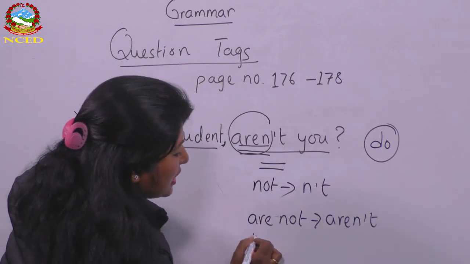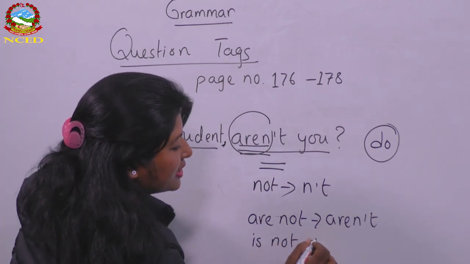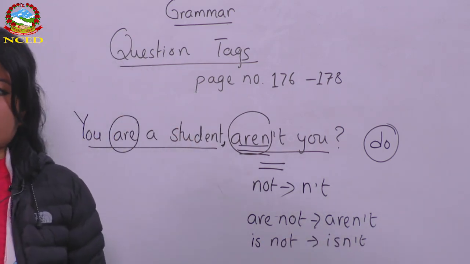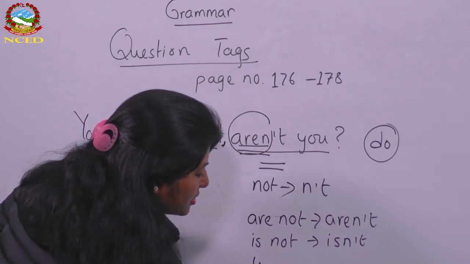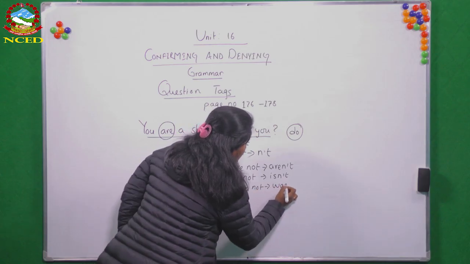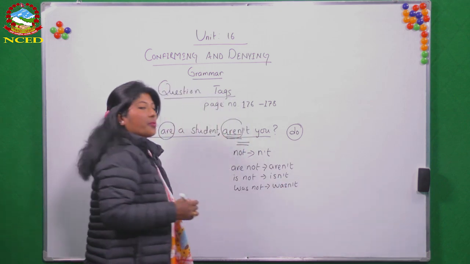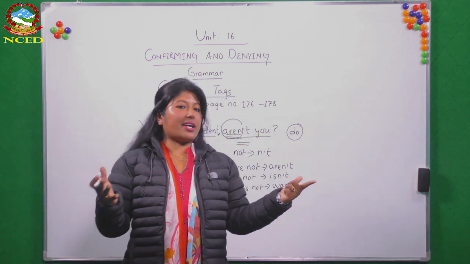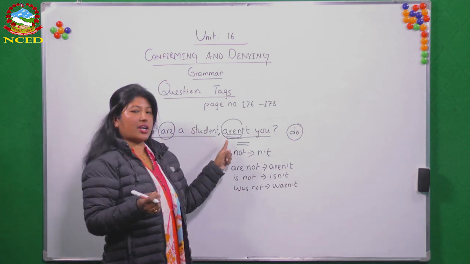Similarly, is not is what? Isn't. Right? Was not, wasn't, will not, won't. So likewise, contracted forms are used in the tag.